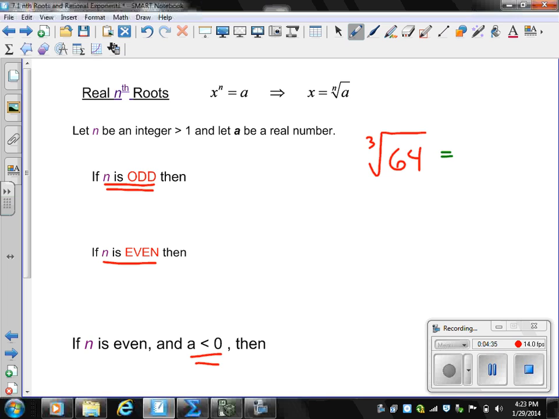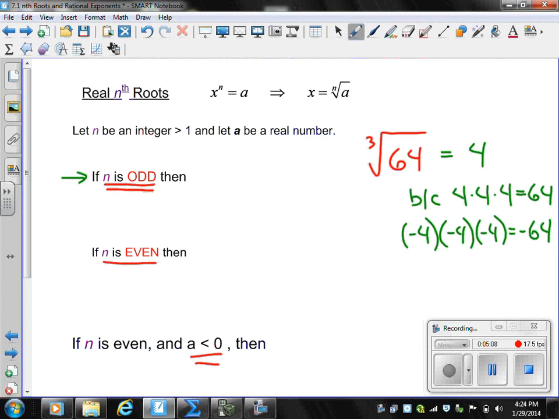And with a little bit of thinking, you can come up with the idea that 4 times 4 times 4 equals 64. But there's no other number that does this, right? It doesn't work with -4. -4 times -4 times -4 doesn't equal 64. It equals -64. So the idea here then, I'm looking back at this line, if n is odd, we're going to get one solution.